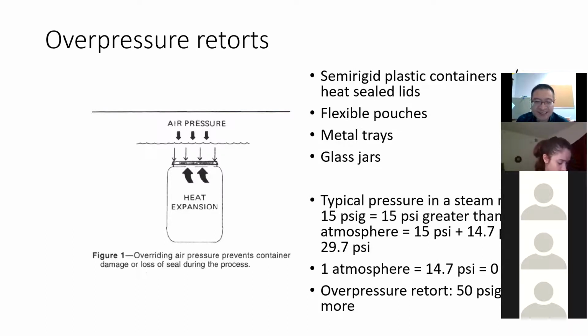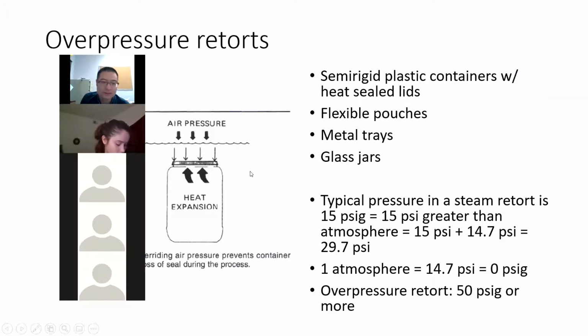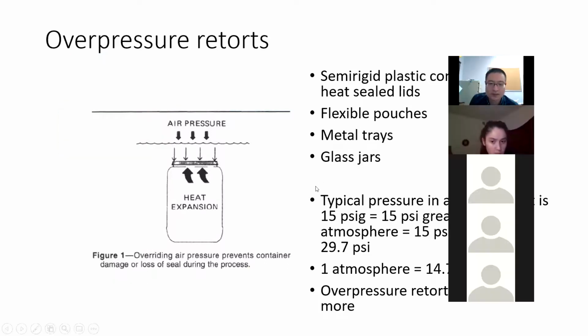It's hard to make a conclusion. Just in the past, the overpressure retort is usually a batch processing, and they use 50 psig, which is greater than the normal pressure here. Okay, cool. Thank you. Sure.